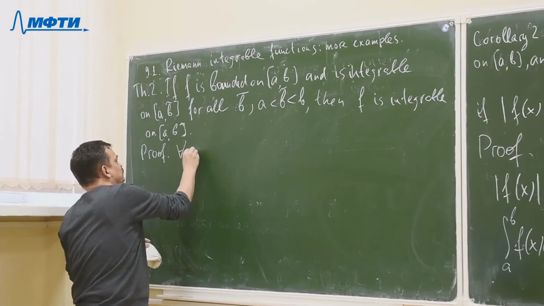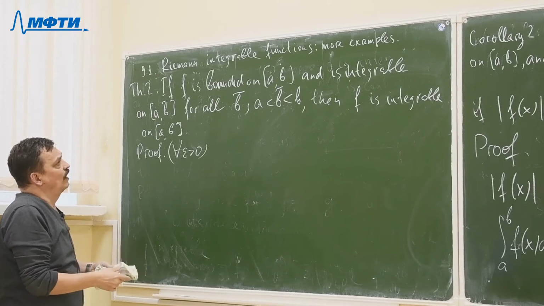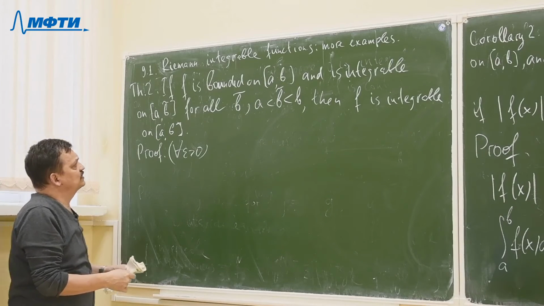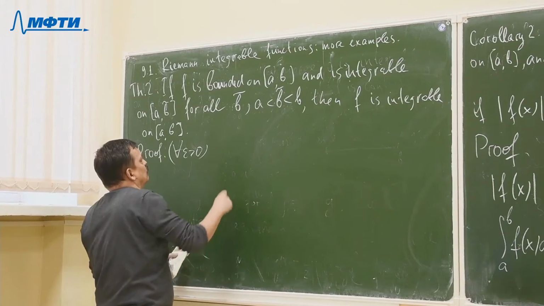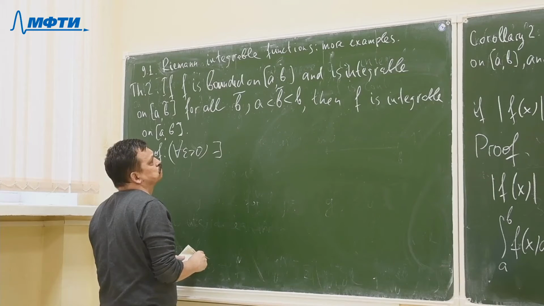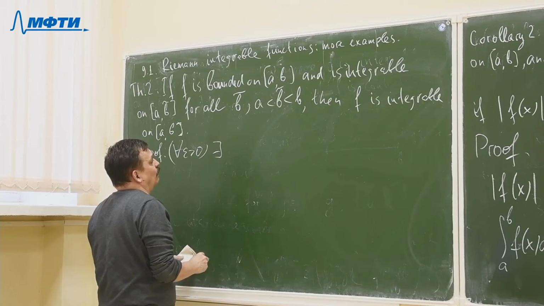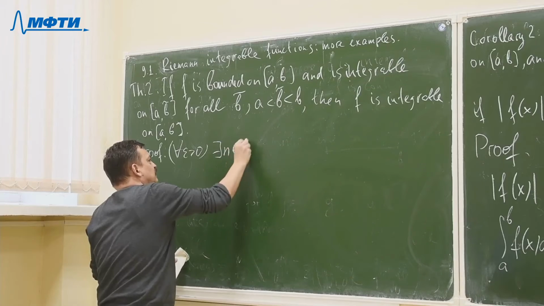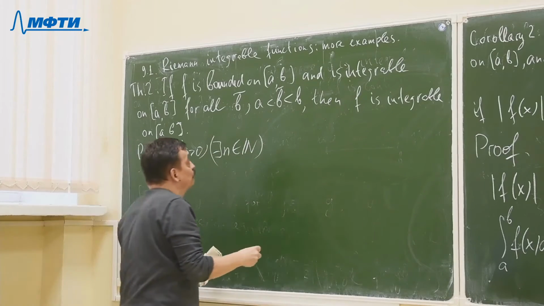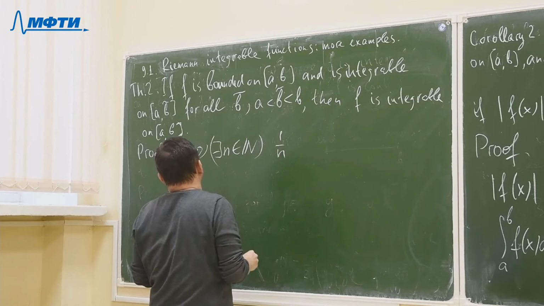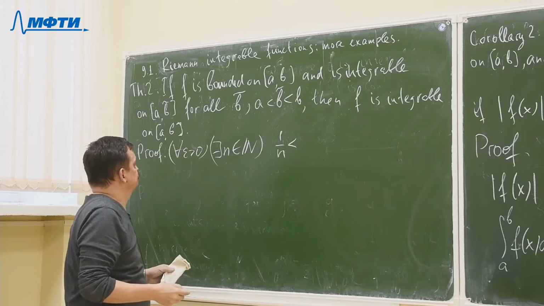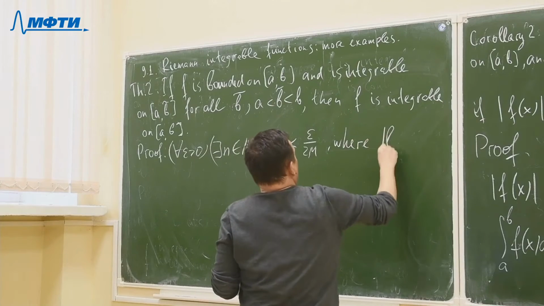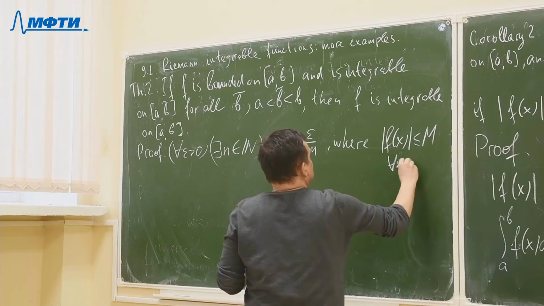Take arbitrary epsilon greater than 0. Then let us choose a natural n such that 1 over n is less than, let's say, epsilon over 2M, where |f(x)| is less or equal than M for all x in [a, b].